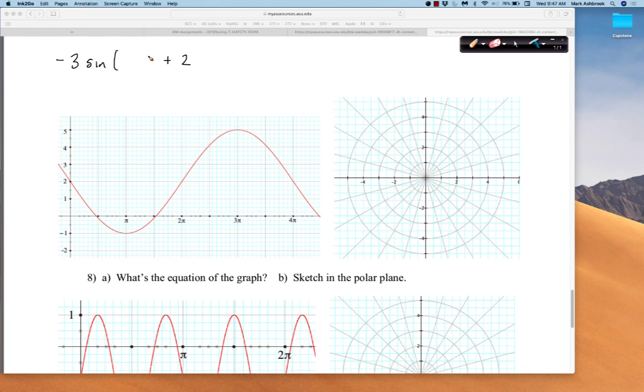And then finally, the period is 4 pi. So it goes through all its output values for a range of 4 pi. And so we're going to have some coefficient here.